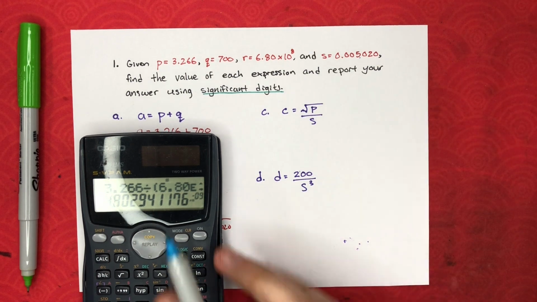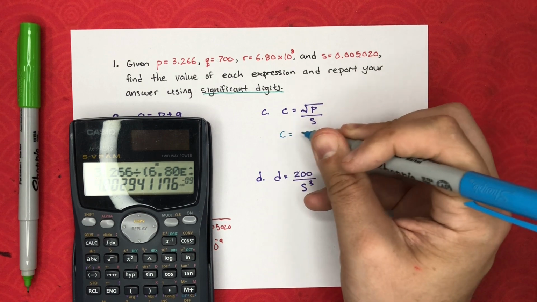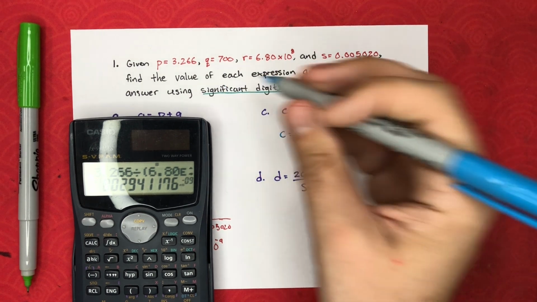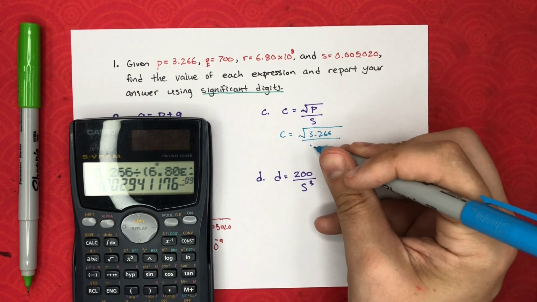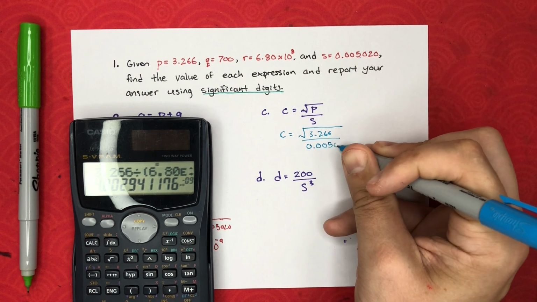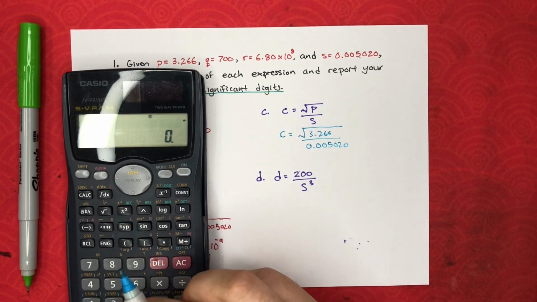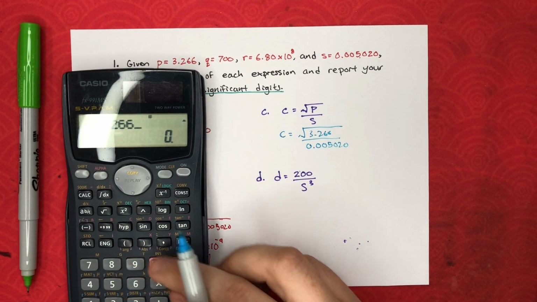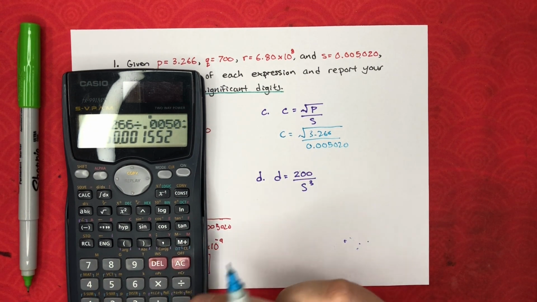C has a square root in it, and that's not actually going to cause us any problems. We can write C equals the square root. P is 3.266 divided by 0.005020. So the first thing we're going to do is calculate that square root, 3.266, and we're going to divide this by 0.005020.